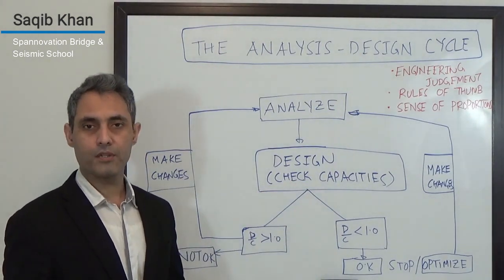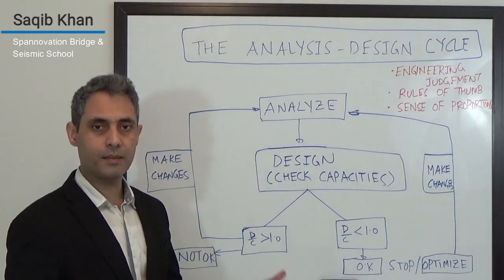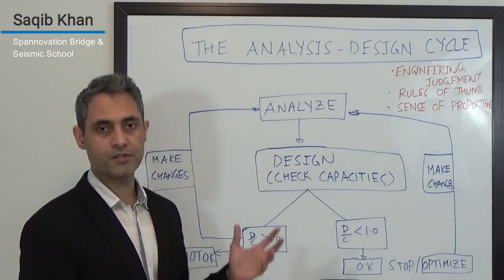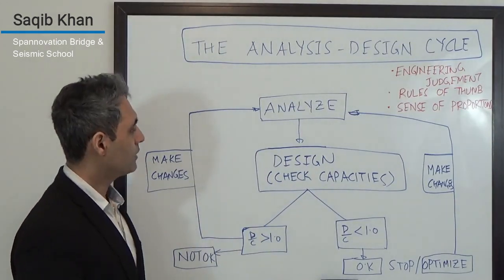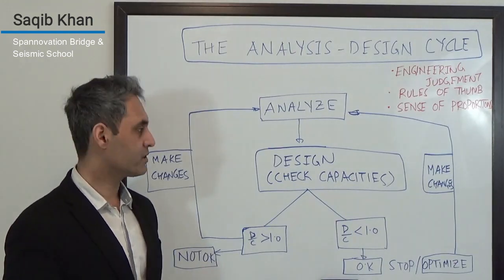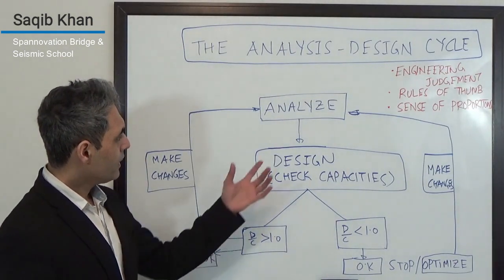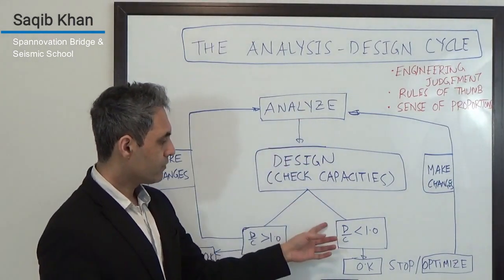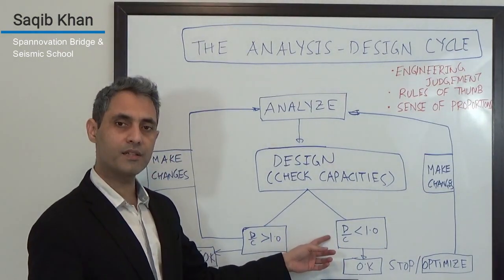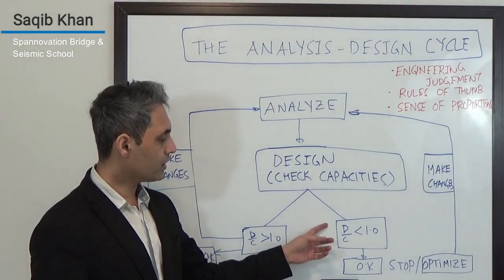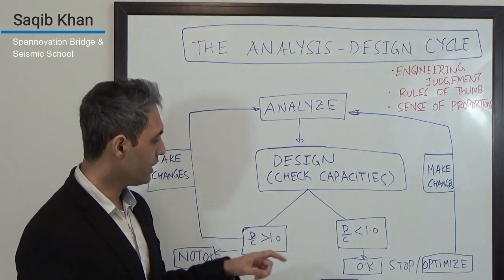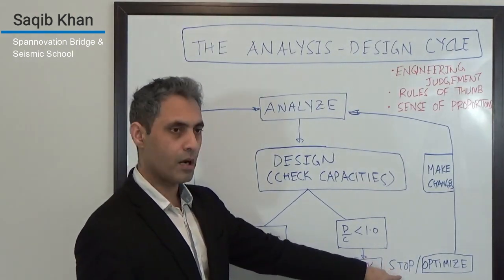So we might be looking at the thicknesses and depths of sections and flange thicknesses or reinforcement ratios or pre-stressing quantities in our girders or deck, looking at our columns and cap beams, etc. What comes out of that is, for each member, we come up with the D over C ratios, the demand to capacity ratios. And if for all the members those are less than 1, then we say it's tickety-boo, it's good, we're okay, and we can stop.